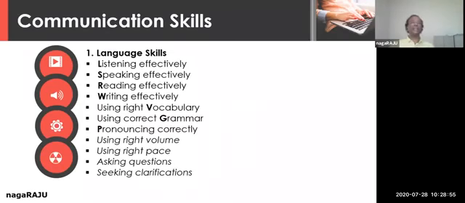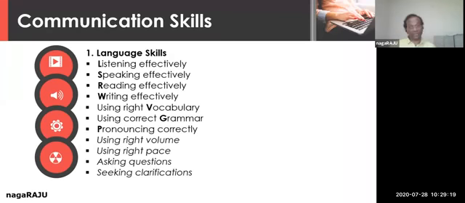So an ability to use words effectively, not only knowing the words, is also a language skill. If I do not know enough words, my communication is to some extent hampered. That's why I need to have a good vocabulary too.